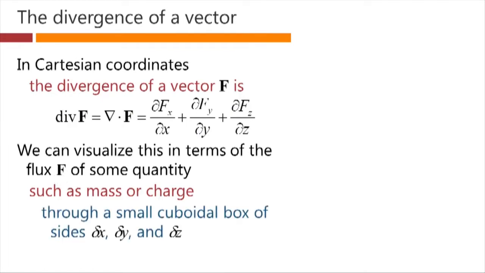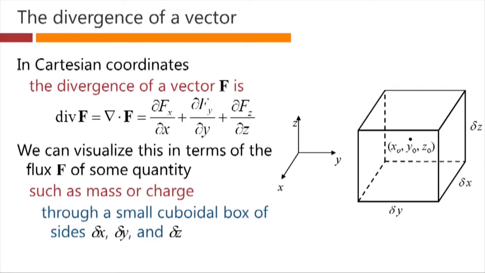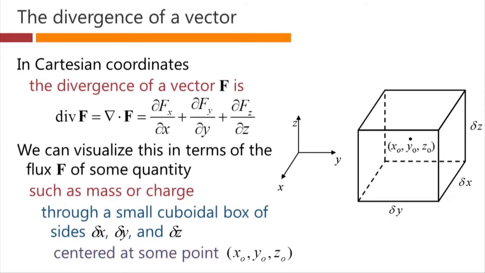So we could be thinking about the flow of some quantity like mass or charge through a small cuboidal box. So here's our small cuboidal box with dimensions delta x and delta y and delta z, centered around some point that we've called x naught, y naught, and z naught here. And here are our axes, x, y, and z axes.